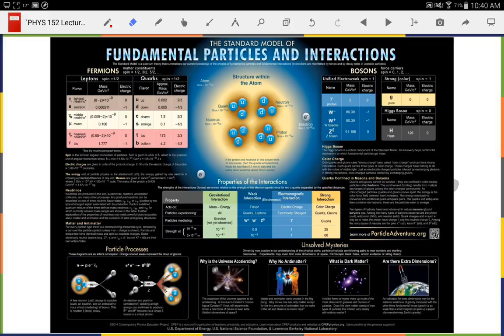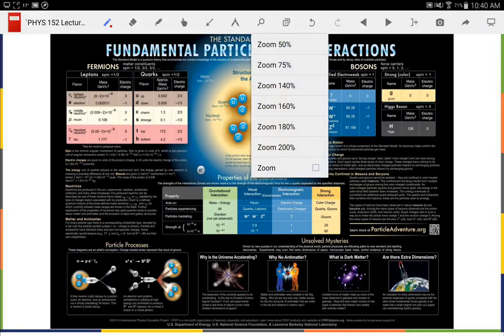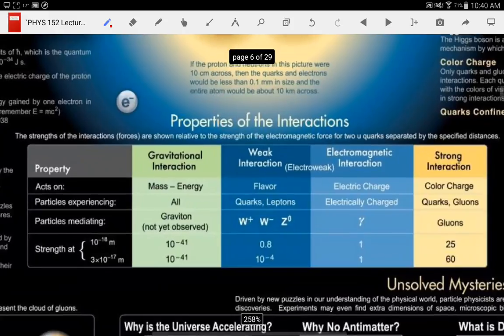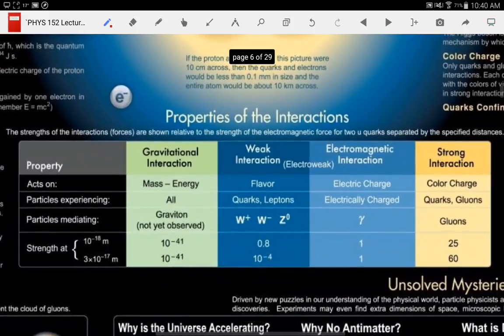talking about what the fundamental particles are. And I want to start by zooming in here. We have 4 known forces: gravitational force, the weak force, the electromagnetic force, and the strong force. My finger is not touching it despite what you see up there. That circle means it thinks my finger is there right now.